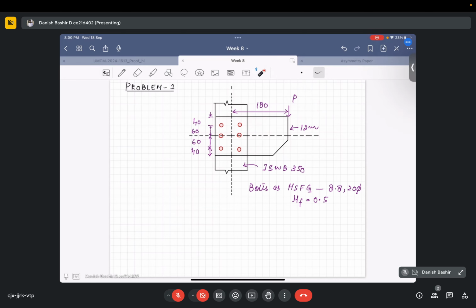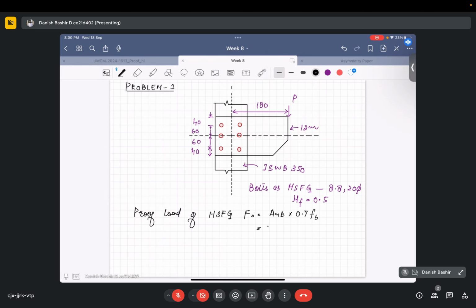Okay, so let us start this problem. First we will calculate the proof load of HSFG bolt. F naught we know is An times 0.7 times the ultimate strength of the bolt.